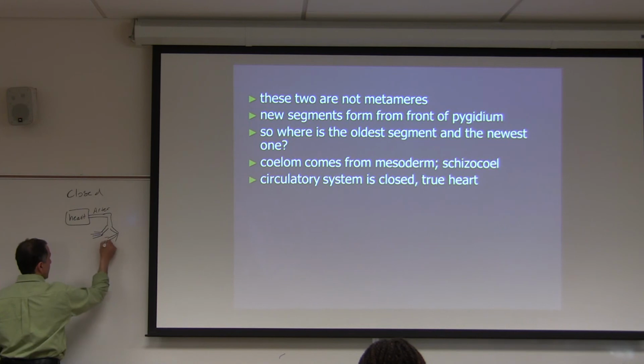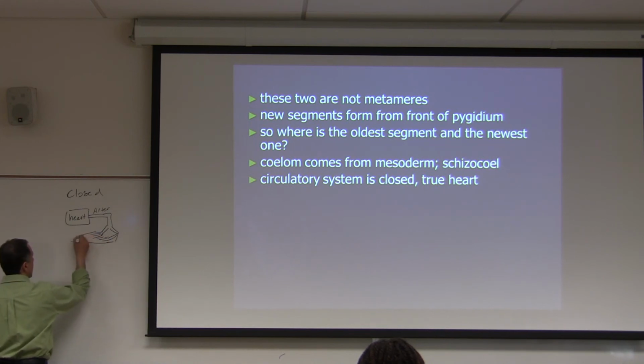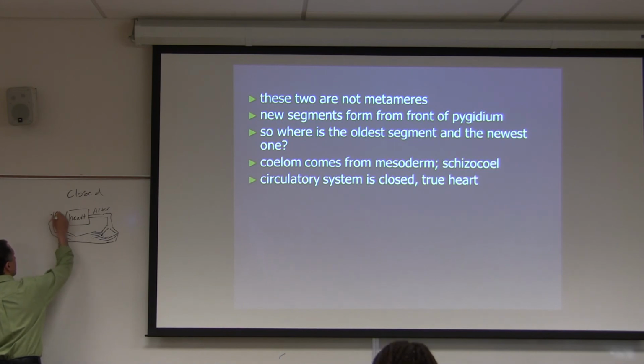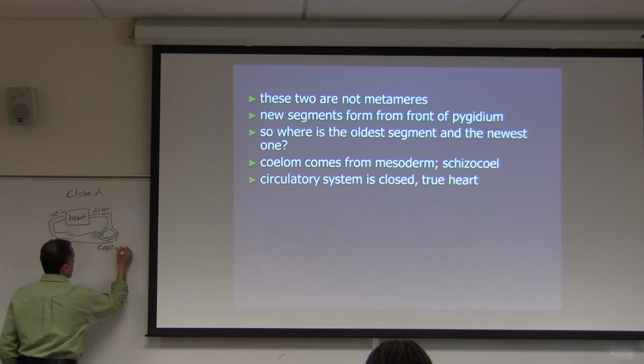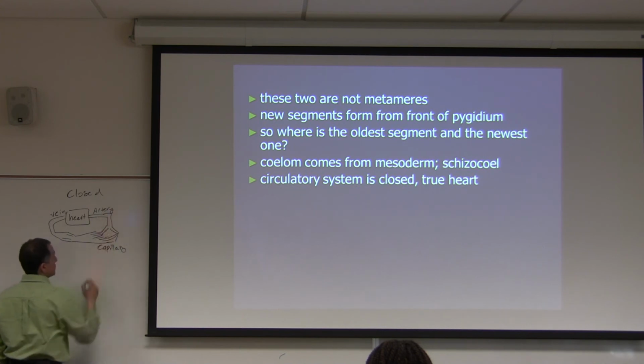So you have a lot of capillaries, and all of these capillaries come together and become venules, and venules come together into the heart. Vein, capillary, artery, and so on.